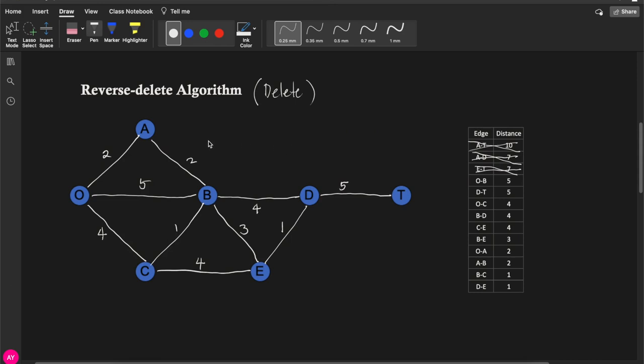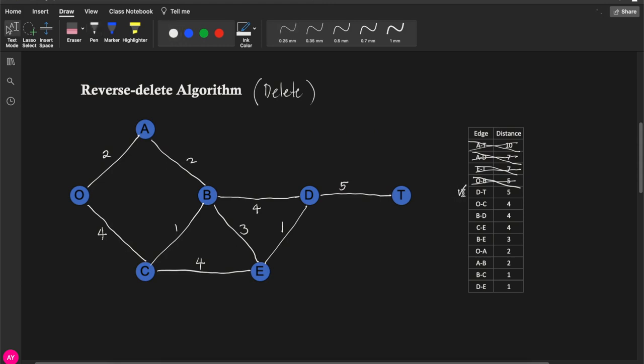How about OB? OB will not cause a disconnection. Therefore, we can also remove. Okay? How about DT? For DT, if you remove DT, then you will cause a disconnection for T. And because it will cause a disconnection, we will leave DT.